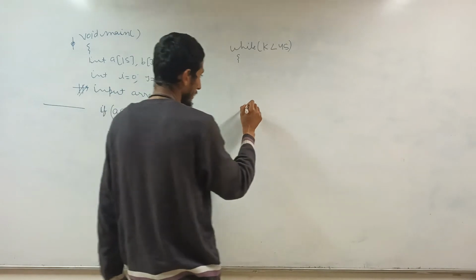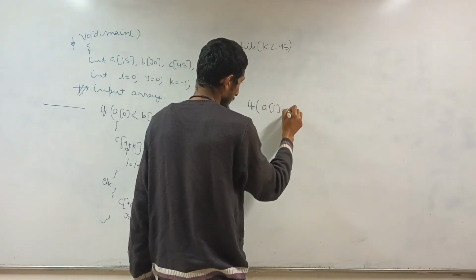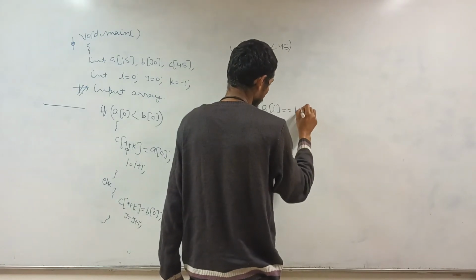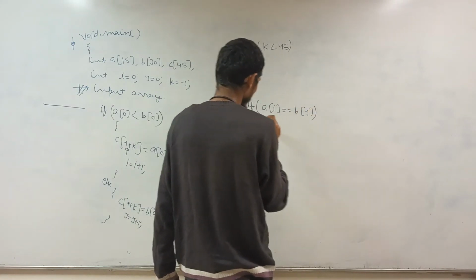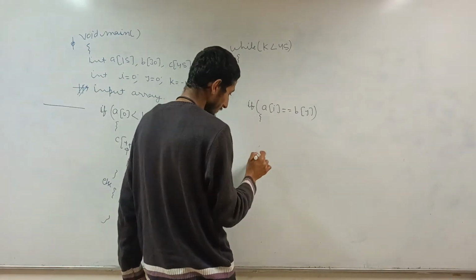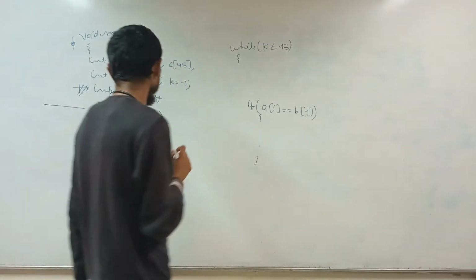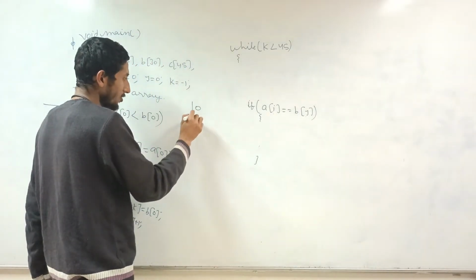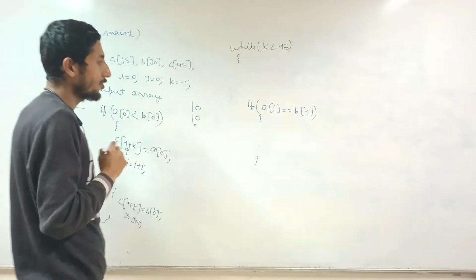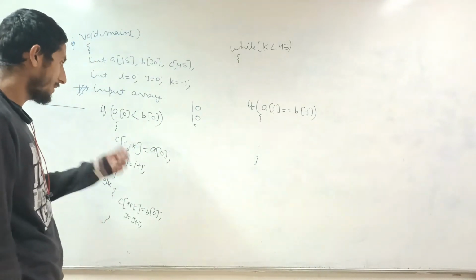So let me write here, if A of i equals B of j. What is the meaning of this? If A of i equals B of j, it might be possible both the elements are equal. So what you have to do, you have to copy the element, but before copying the element, you have to check the previous one.